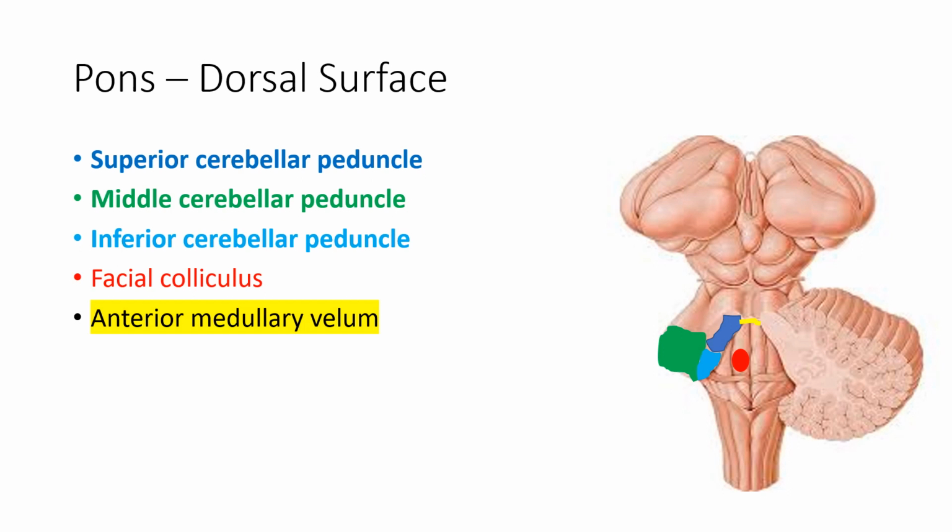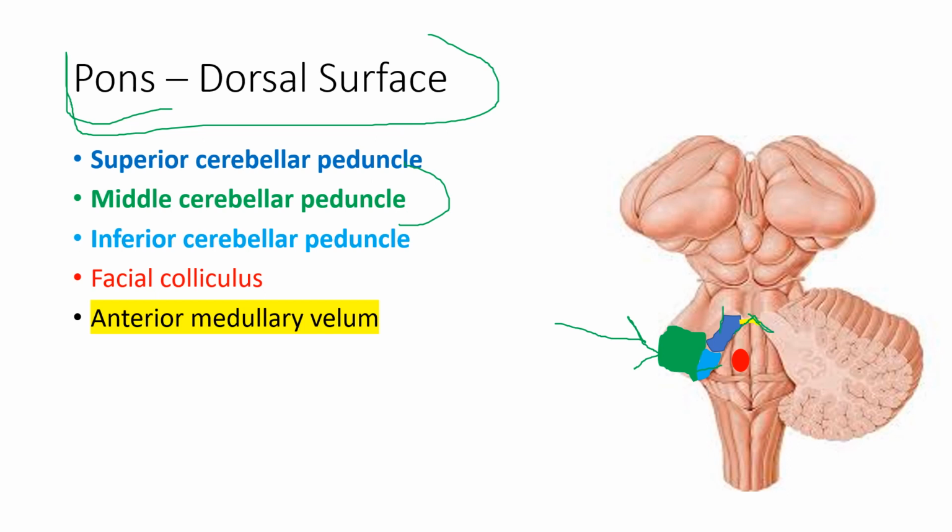So we could see the bigger one is the middle cerebellar peduncle here, okay? Superior and inferior. Okay, so this is the dorsal surface of the pons. We could see the facial colliculus in red, and then that anterior medullary velum area, so just this little guy right here.